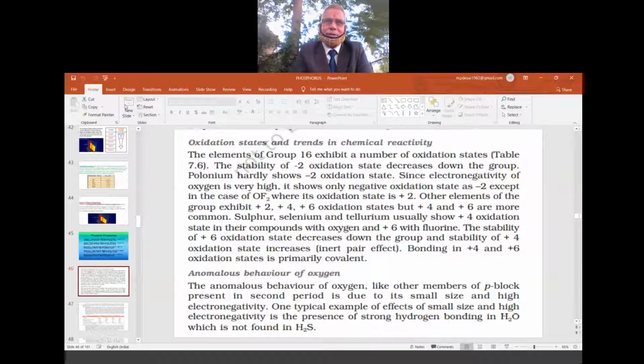This we saw in the previous session. They become more metallic, so losing becomes the dominating factor at the bottom. Therefore, as we move from top to bottom, electronegativity decreases or electropositivity increases, so they prefer to lose electrons. Accordingly, they become +2, +4, +6.